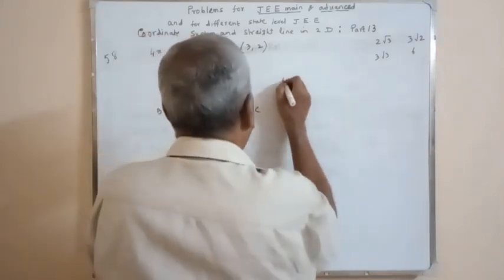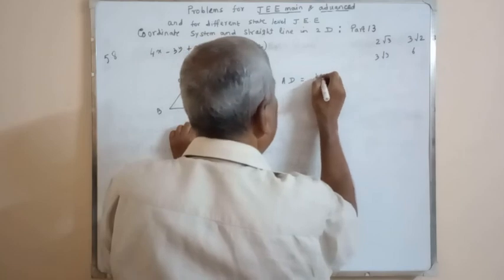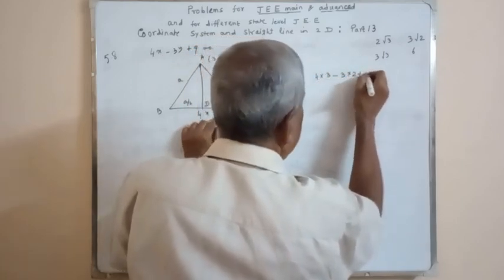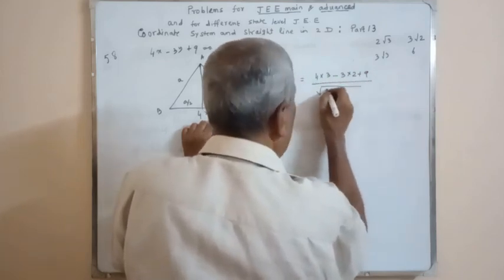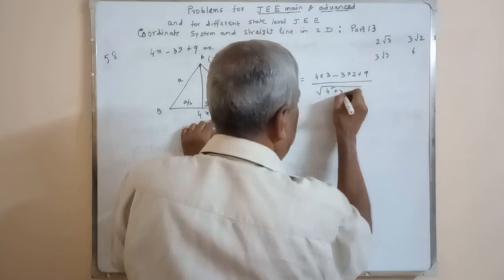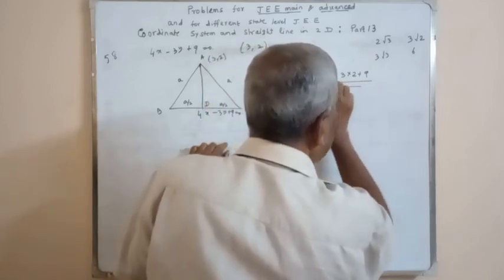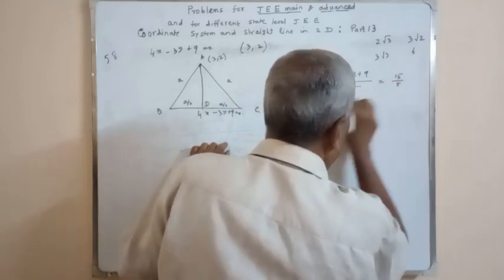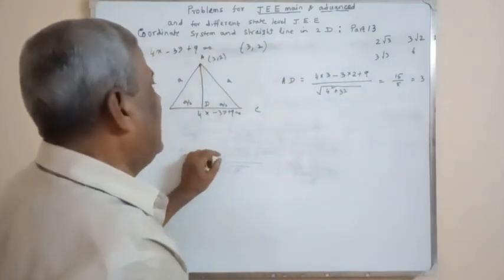So AD is equal to (4 into 3 minus 3 into 2 plus 9) divided by root over 4 square plus 3 square, which is 12 minus 6 plus 9, so 15 by 5. So AD is 3.